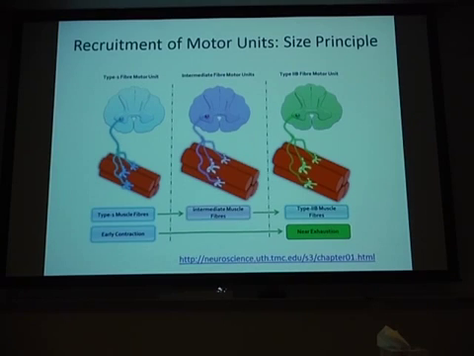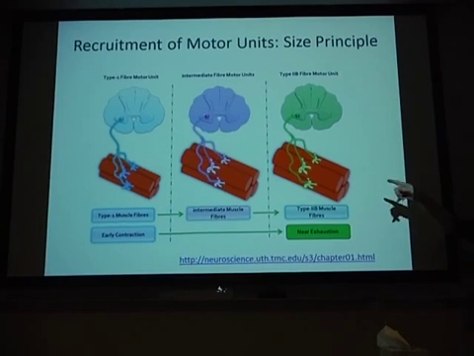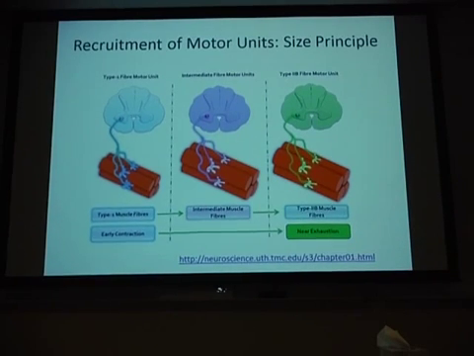If more force is necessary, then we start recruiting intermediate type fibers and or type 2B fast twitch fibers. This is the sequence. Even if you're talking about Usain Bolt and you know you're going to need to use these type 2B fibers, the recruitment starts in order from type 1 to type 2B. So we can look at this.